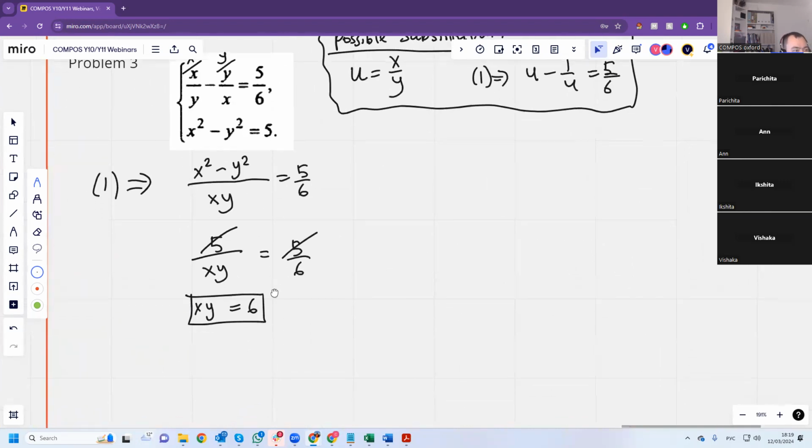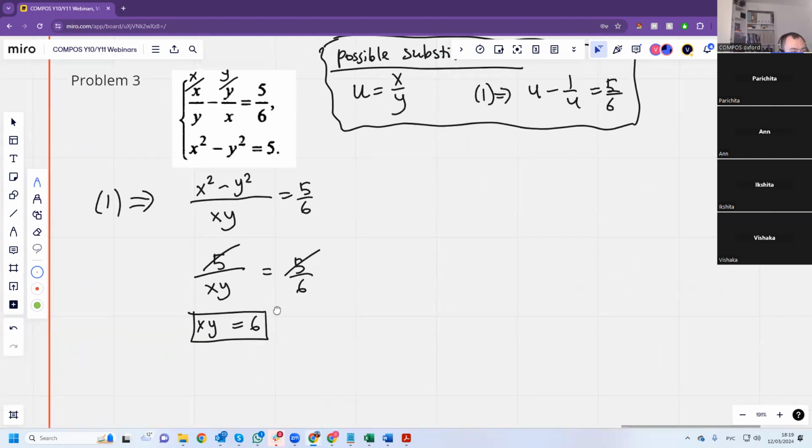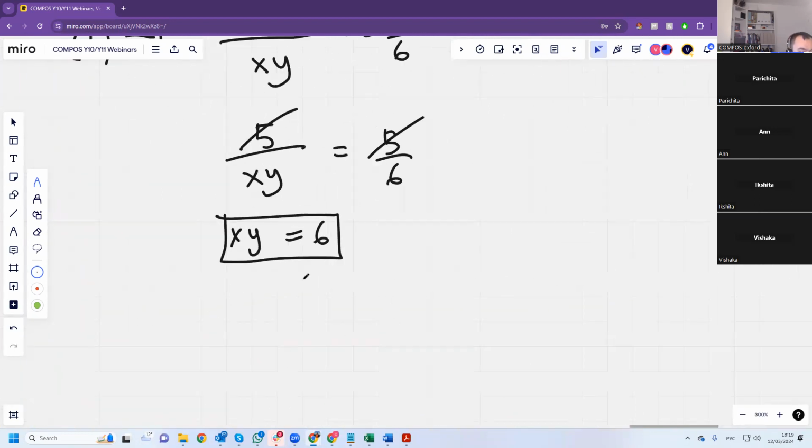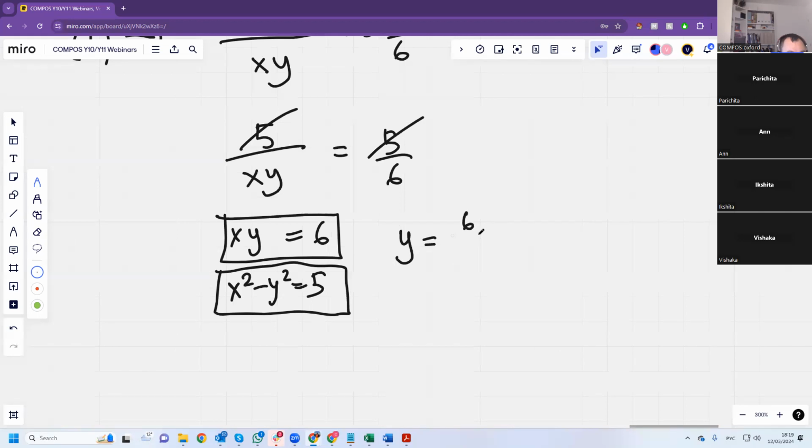Interesting. That's the first equation. The other equation that we can use, well, x squared minus y squared equals 5. It's unavoidable. We could potentially guess the solution, but you can't be sure how many solutions you will have. So rather than guessing, I'm going to make y the subject, and I'm going to use substitution. y is 6 over x, and I'll sub that into the second one.